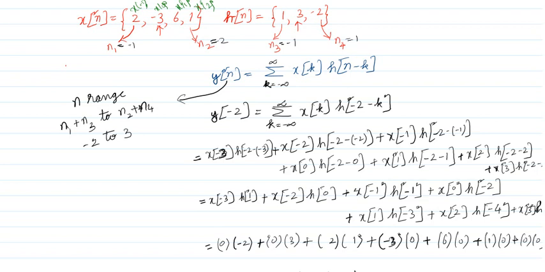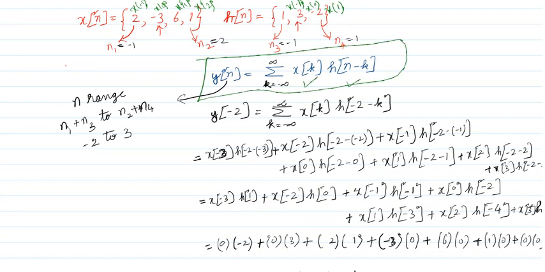Similarly, this is h of minus 1, this is h of 0, this is h of 1. Now this is your convolution expression. I have the input, I have the impulse response, and I have to find the output y of n.